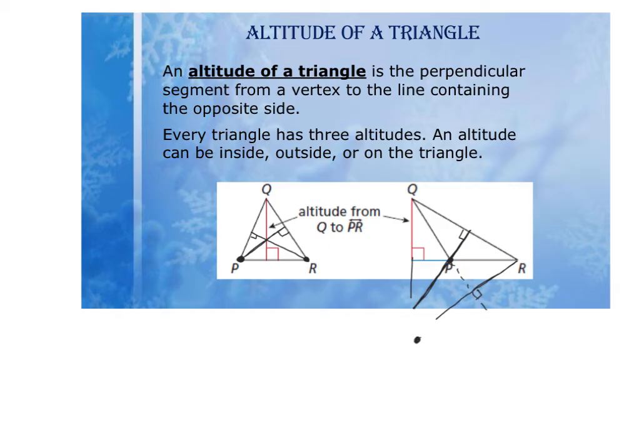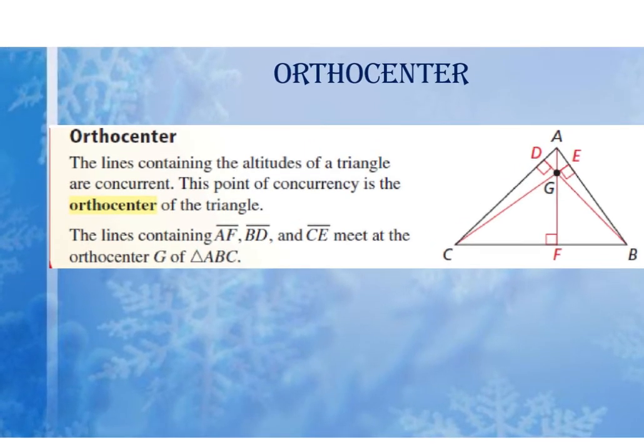All right, so this next slide is called the orthocenter, okay? Your orthocenter is where all three of the altitudes meet up. It's the point of concurrency. Now, the orthocenter doesn't give you any other information. It doesn't tell you anything about congruent segments, nothing like that. All it tells you is where the orthocenter is.